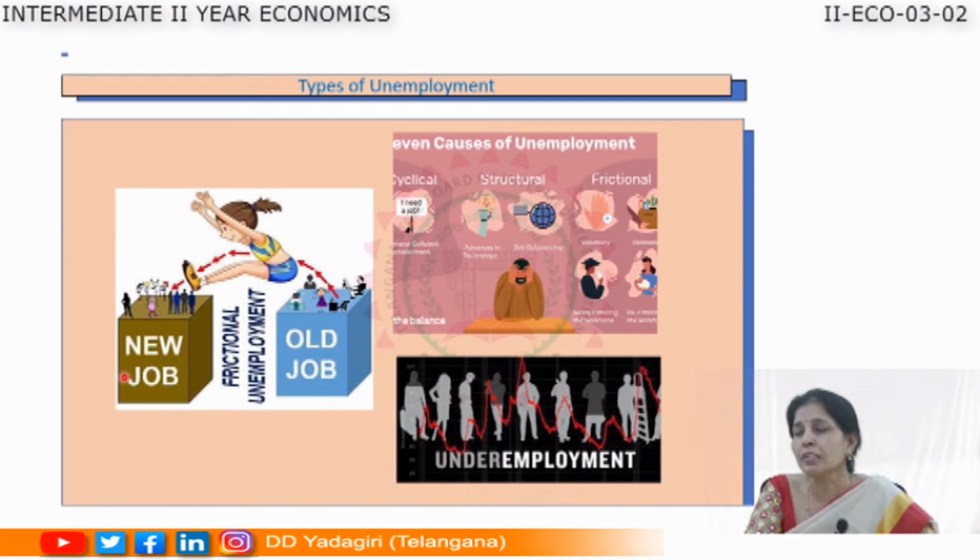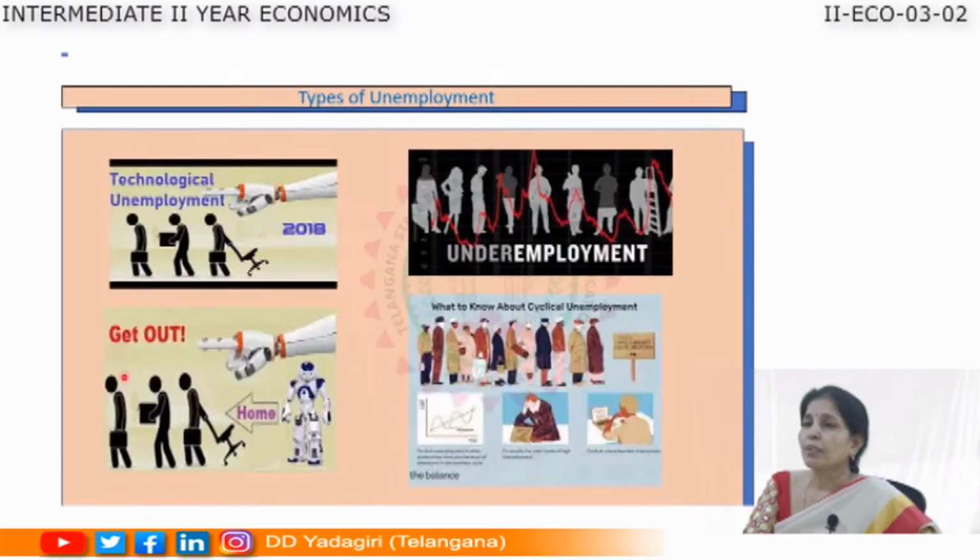Underemployment: when the services of a person are not being exploited to the best of their extent, that is underemployment. The next one is technological unemployment, that is machinery replacing manpower. This will create unemployment in the short period, but it will create employment in the long run, because technological development will increase production and that creates more employment opportunities.